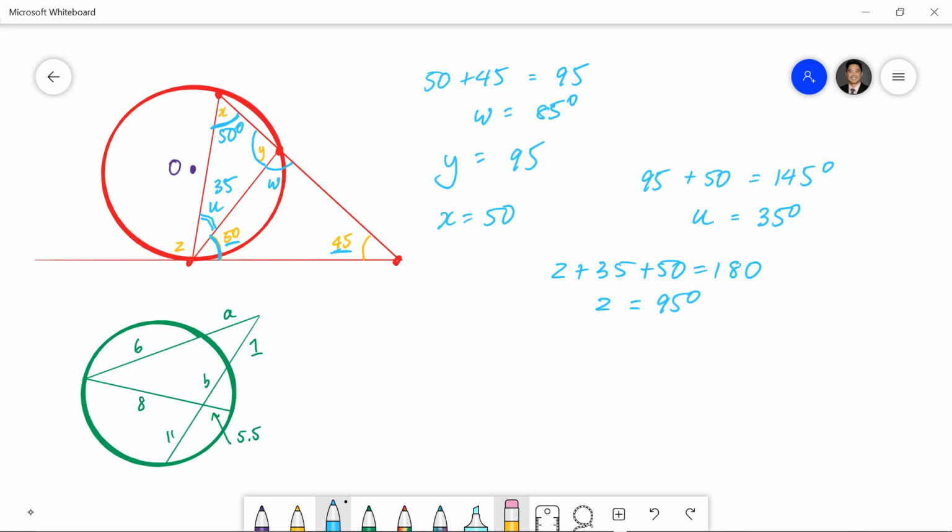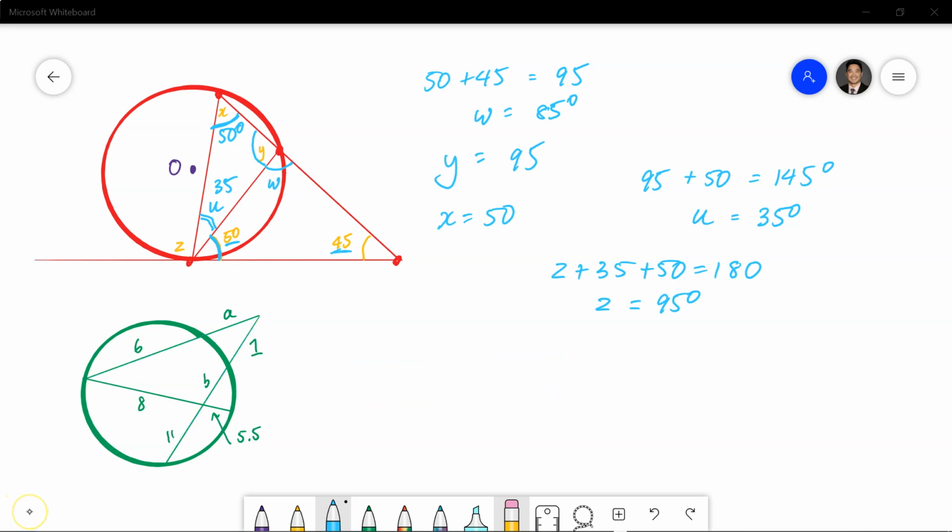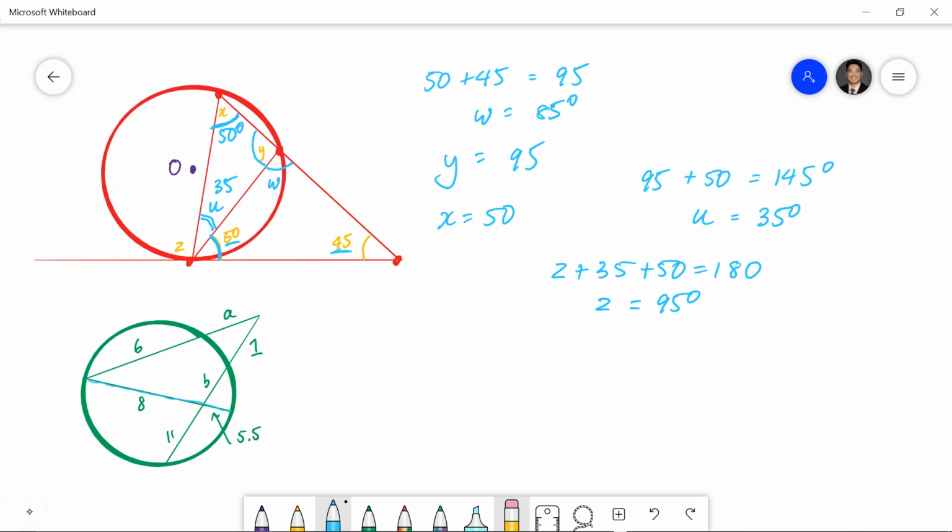Now we're going to look at the green diagram here and look at side length. I'm going to first focus on these two. We've got two chords there, and we can say that 8 times 5.5 is equal to 11 times b, so 11b.